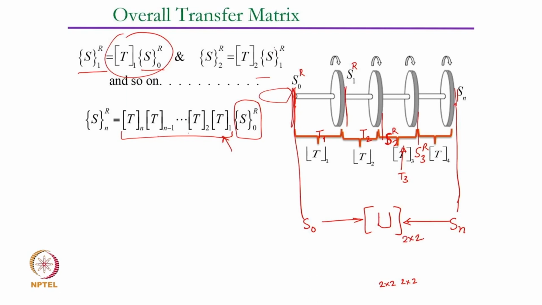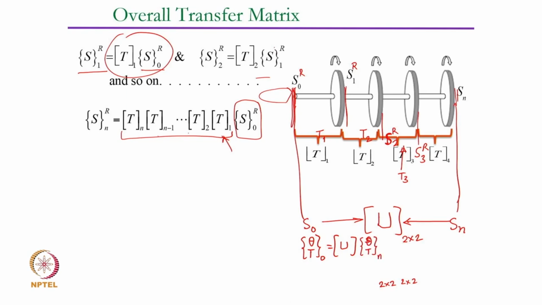Right? There is a catch here. So the state vector here is going to be theta and torque related through this overall transfer matrix to theta and torque at the nth station.